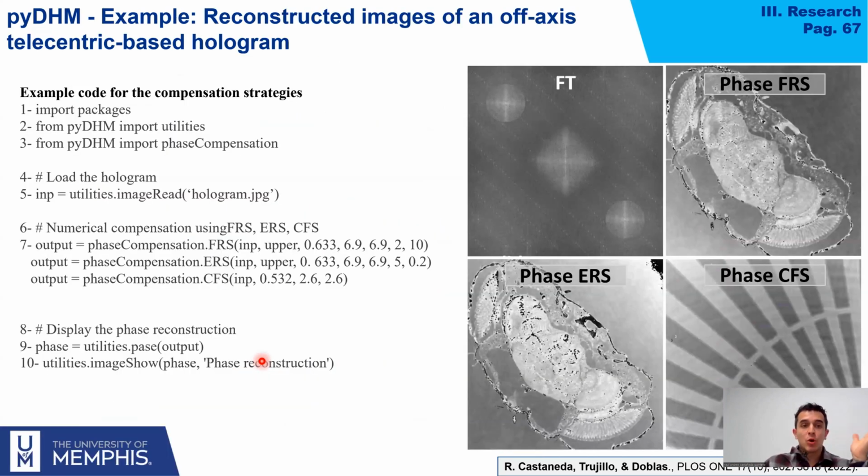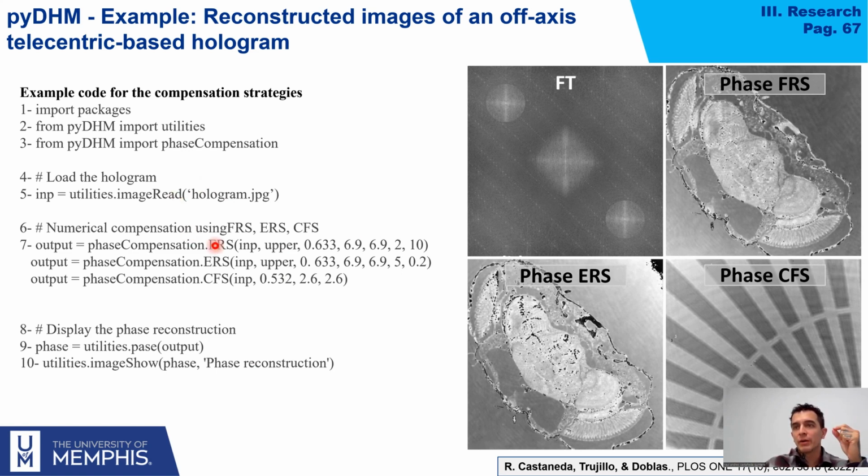This is an example of how to implement this package, the compensation package. It is very similar to the example that I showed you before. Import the libraries, of course, read the holograms, and call the specific function that you want to implement.